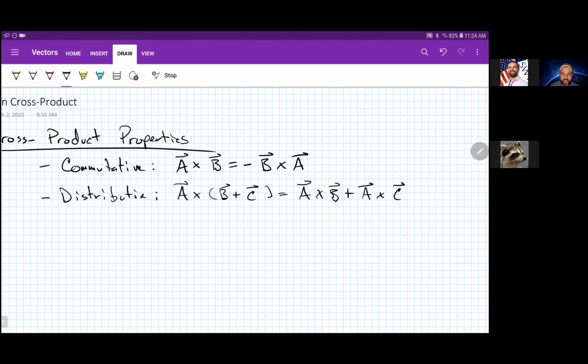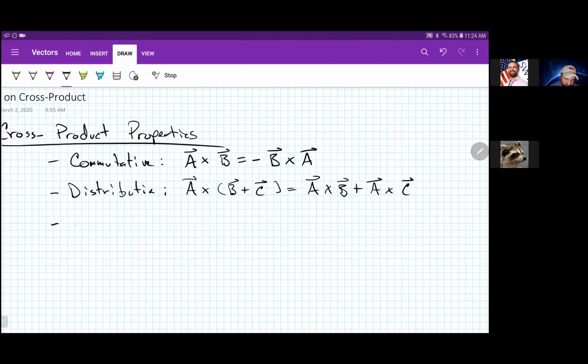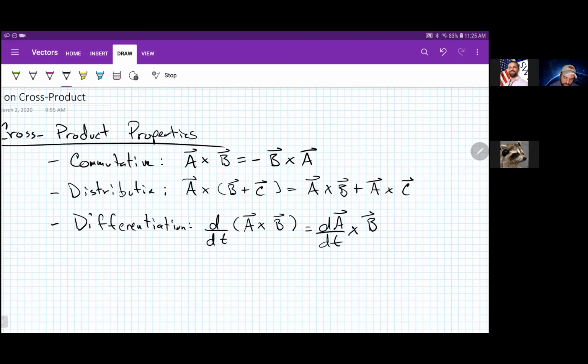And for differentiation, we have to use the product rule. That's what I was trying to remember what that rule was called last period, the product rule. For differentiation, when we're taking the derivative of a cross product, let's say, for example, d/dt of A cross B, it would equal the derivative of A cross B plus A cross the derivative of B with respect to t.